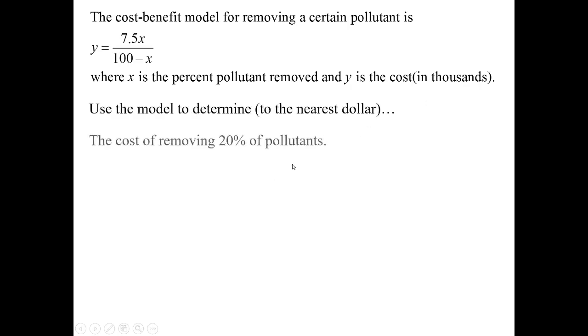And so to determine the cost of removing 20% of the pollutants, notice that the 20% is the x. So we plug 20% for x. Do the calculation. Now 1.875, the y value, means 1.875 thousand. That's 1,875.